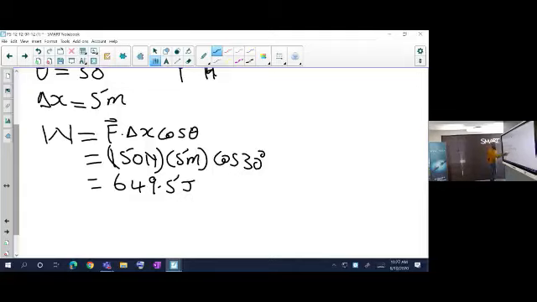Before you get there, you can say that is a Newton meters. This is what you have. If you go down, you can just have 649.5 in joules.